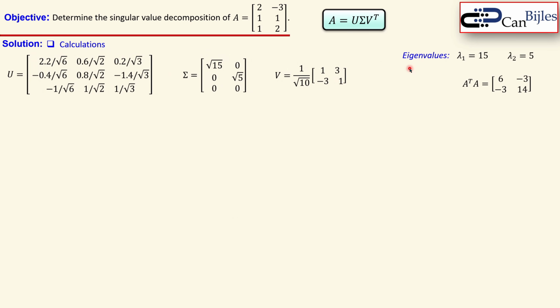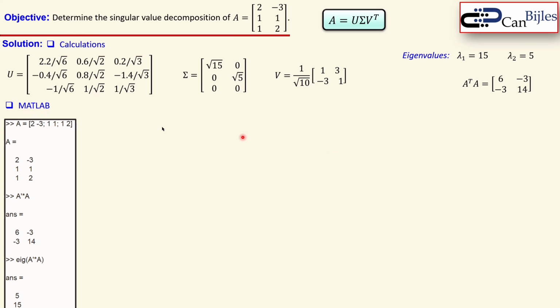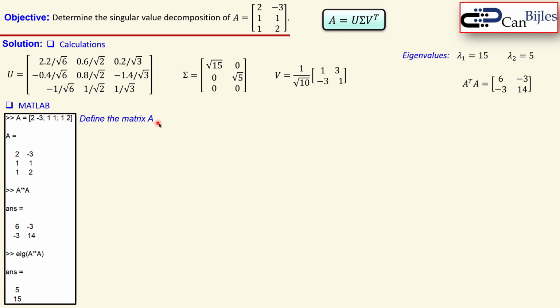Okay, now let's bring everything here again, the eigenvalues in our Gram matrix, and we have our 3 matrices for this decomposition. Let's now check this also with MATLAB. We have here the definition of our matrix. You see here the matrix as we have given. This A tilde here means transpose, and then times A, that is our Gram matrix.